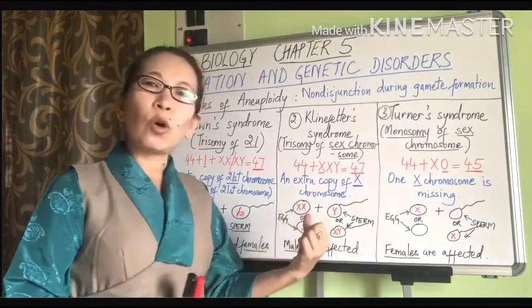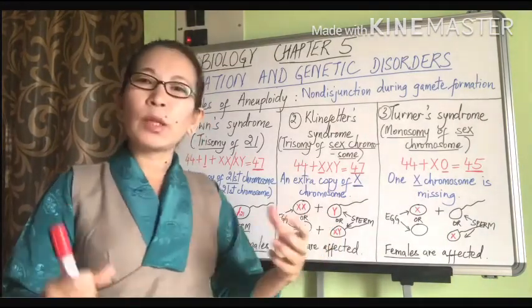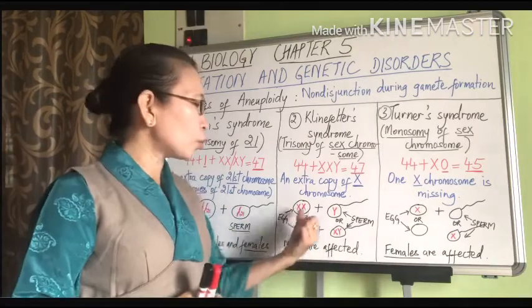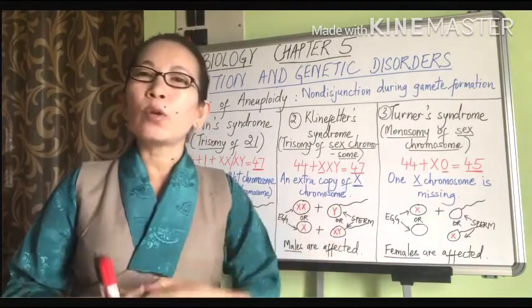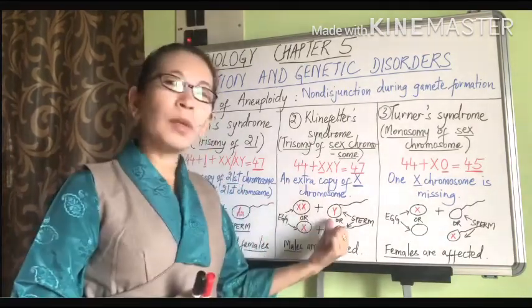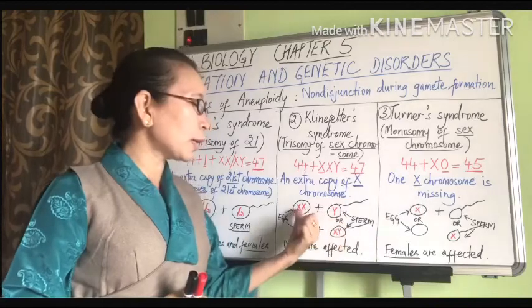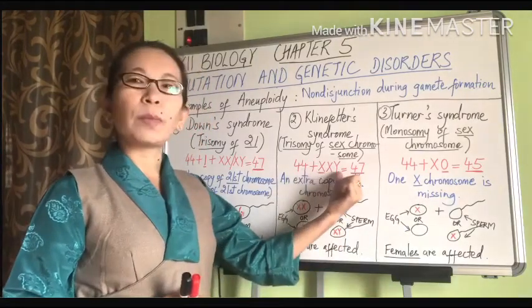If an abnormal egg having two X chromosomes fuses with a Y chromosome containing sperm, this results in the XXY condition.